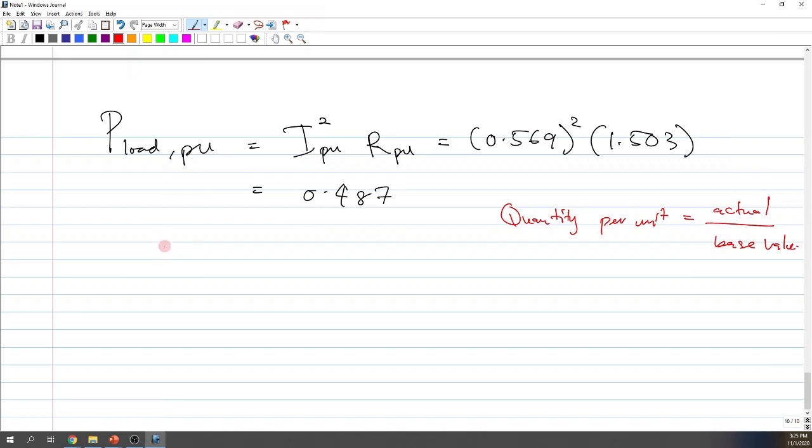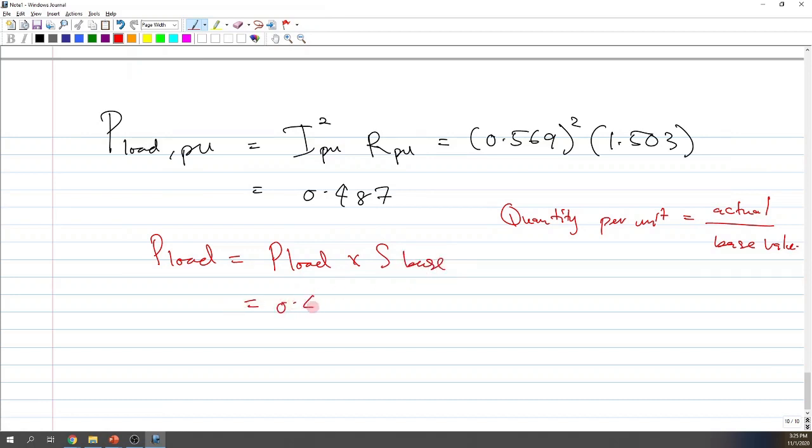So actual dia P load equal to yang ni base value dia kita naikkan darab. Okay. So base value adalah kalau untuk power, S tadi. S kan. So P load darabkan dengan S base.